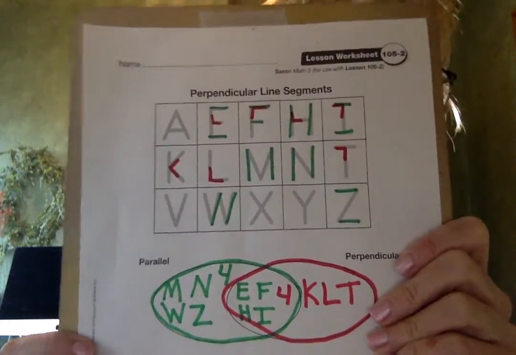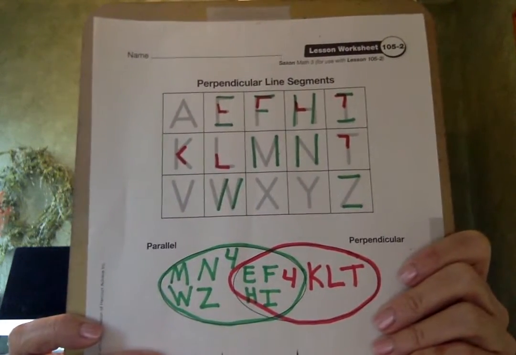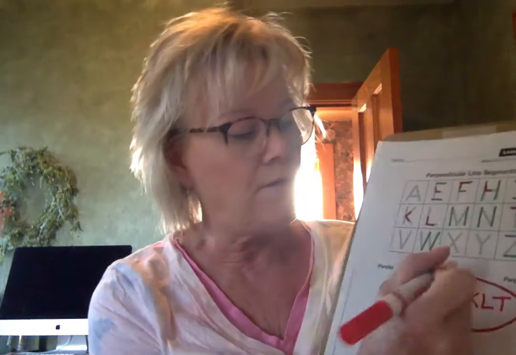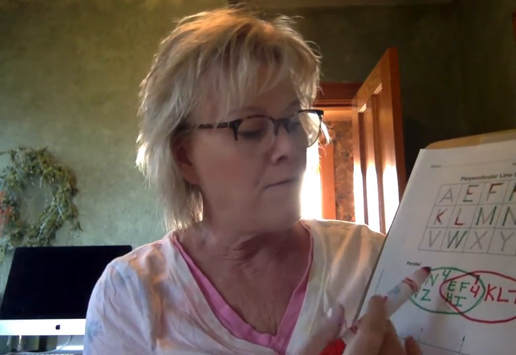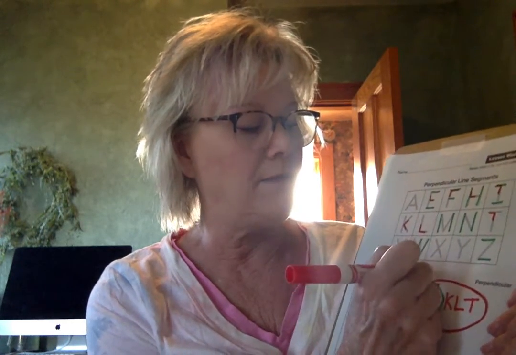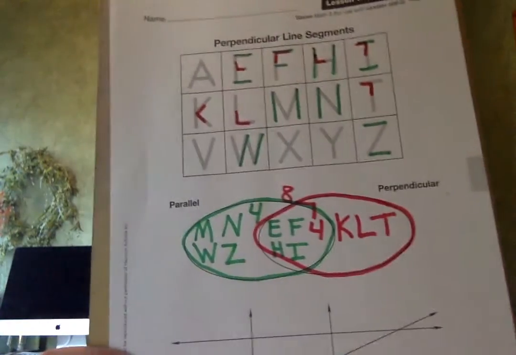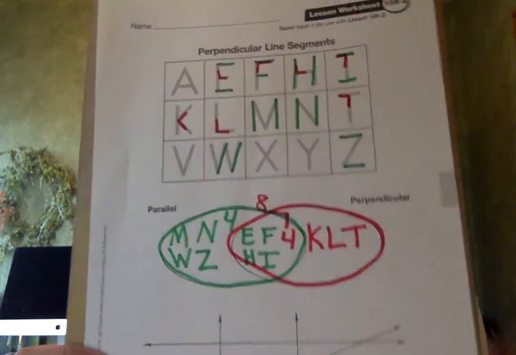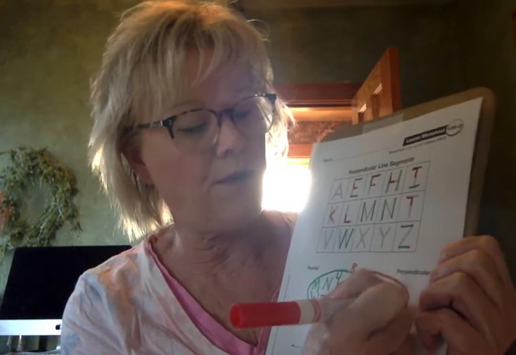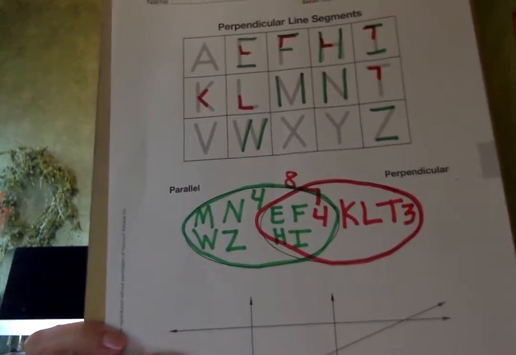Let's see. 1, 2, 3, 4, 5, 6, 7. So we'll write 7 here for all. And then 4, 1, 2, 3, 4, 5, 6, 7, 8. We'll write 8 up above here that shows both. And for just perpendicular, we'll write 3. Those are just 3.